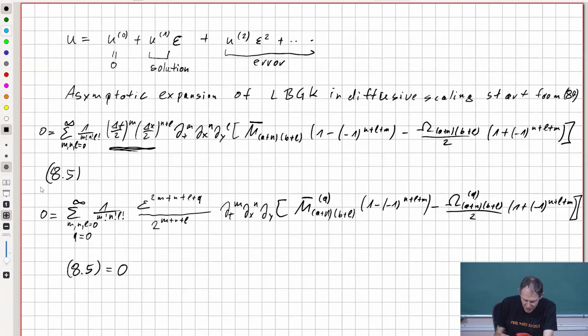So okay, all of this is 0, and now what we are doing is equating of coefficients. Equating of coefficients is a very important thing in any analysis of numerical methods. You see, this entire equation is supposed to be 0 for all choices of epsilon larger than 0, because epsilon is a smallness parameter.